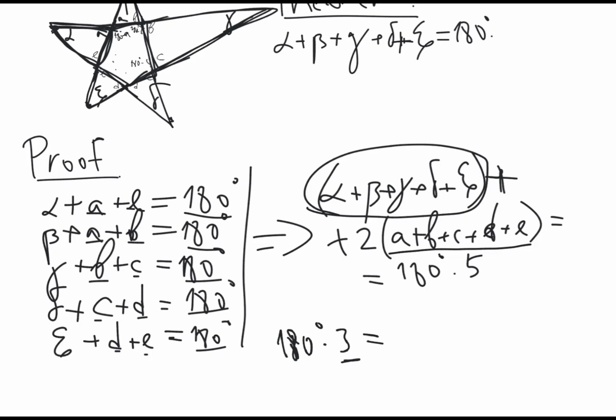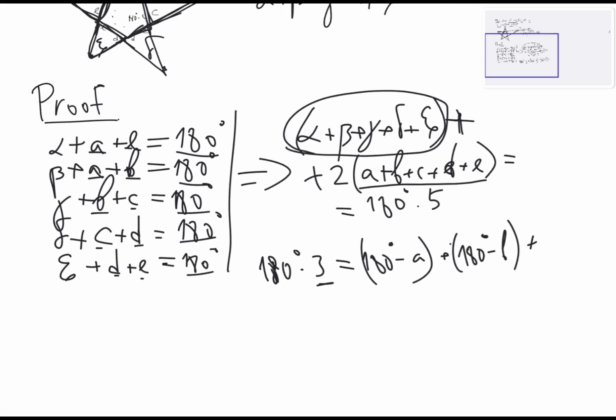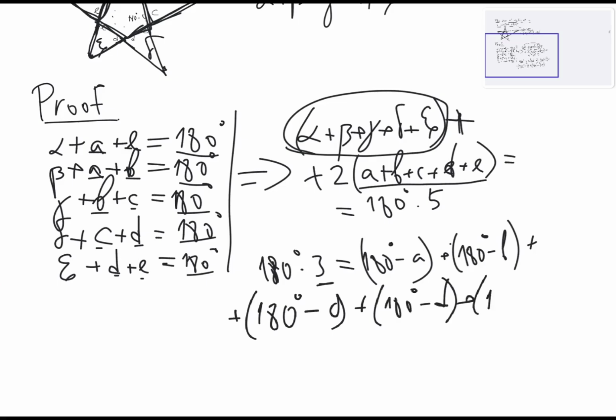And this is equal to 180 degrees minus A plus 180 degrees minus B plus 180 degrees minus C plus 180 degrees minus D and plus 180 degrees minus E.